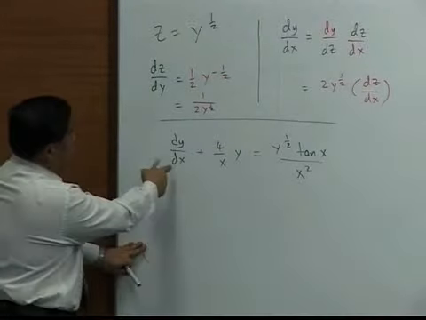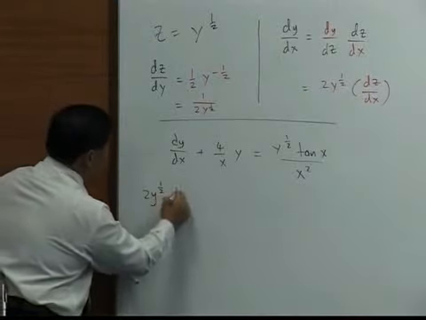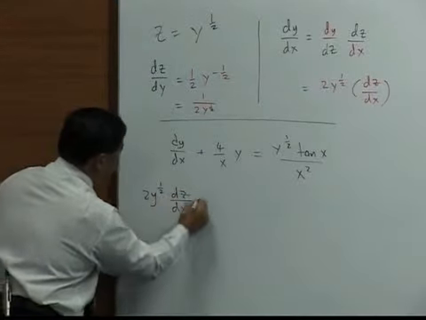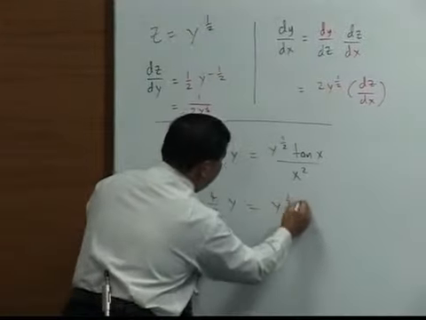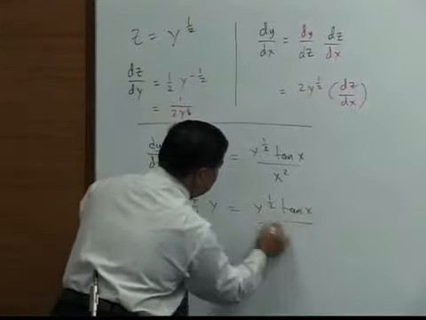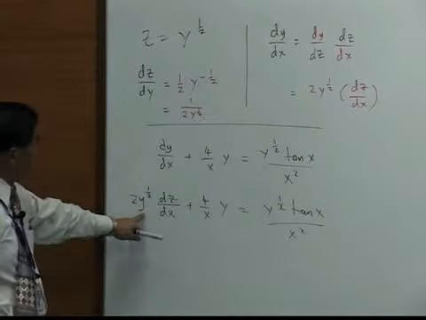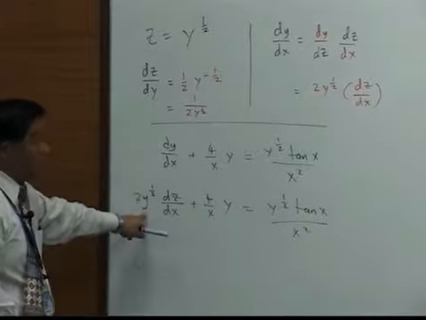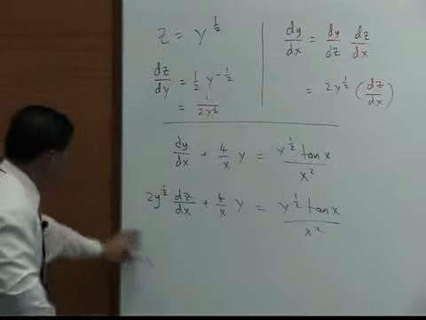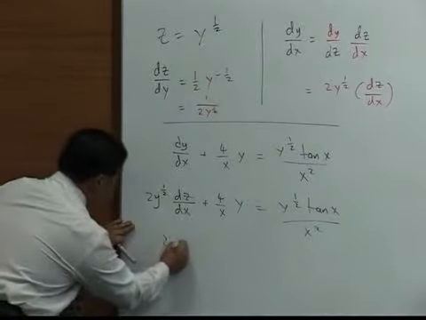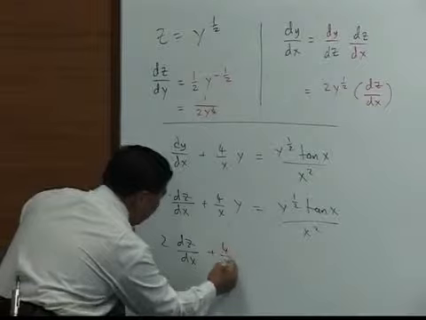And you substitute this thing back here, you should be able to get y power half dz dx plus 4 over xy. Just write down whatever is here first. Now we can see that y power half is redundant here, so you should divide throughout by y power half. You should get 2 dz over dx plus 4 over x.